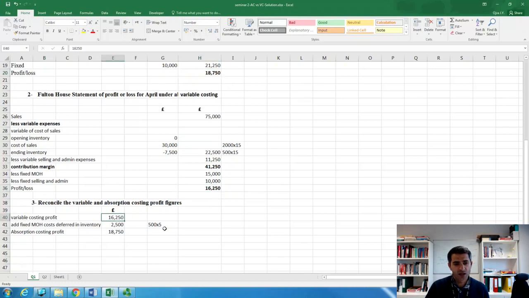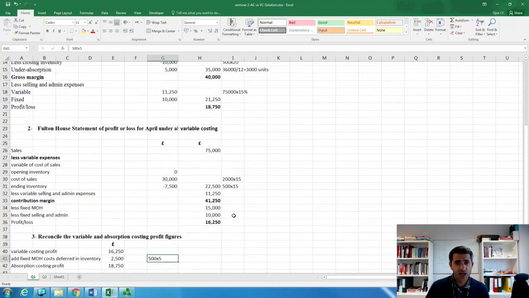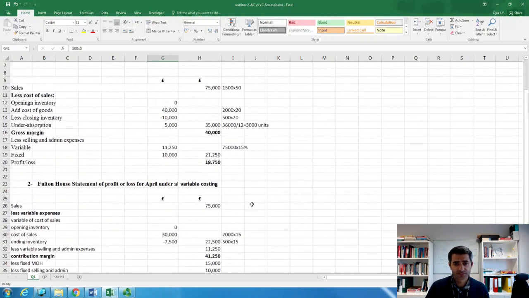So if you add up the operating profit under variable, which is 16,250, if you add up the manufacturing overhead cost deferred in inventory, which is, I hope you remember, you need to look at the closing inventory, which is the 500 units here.